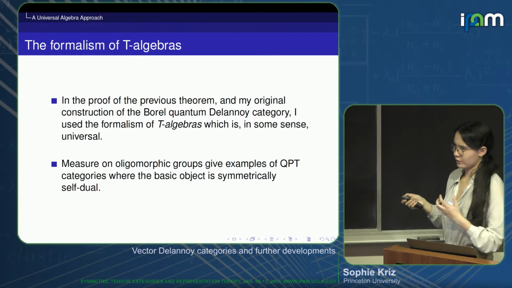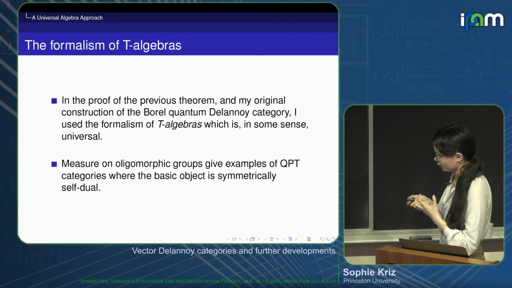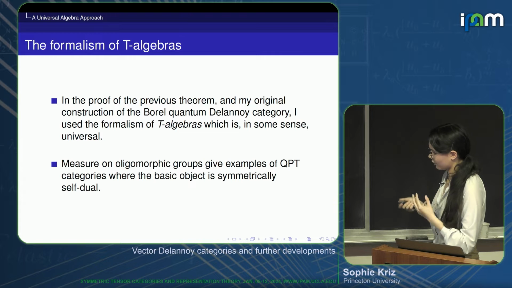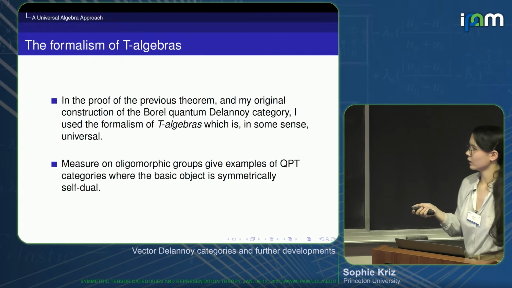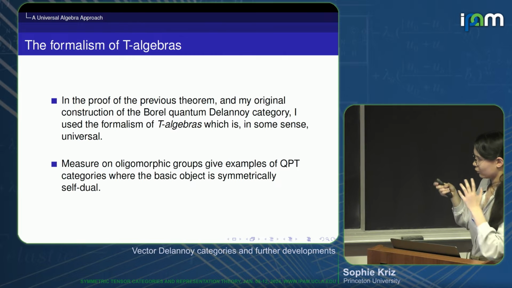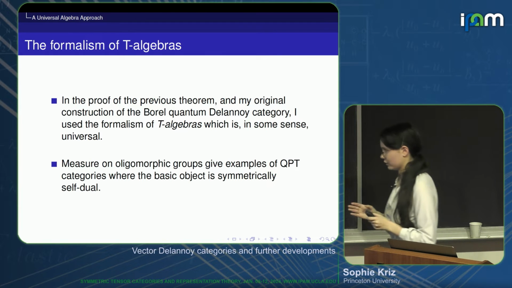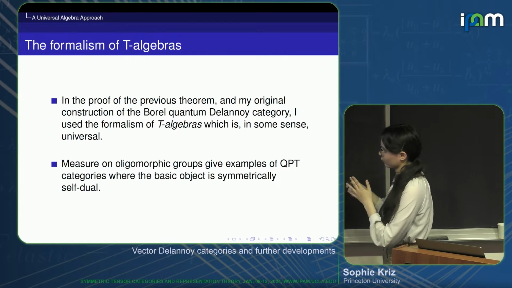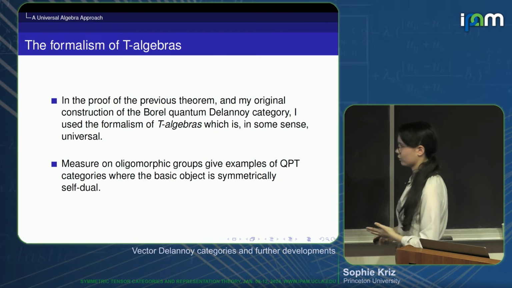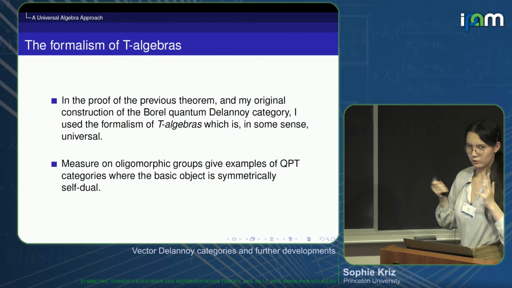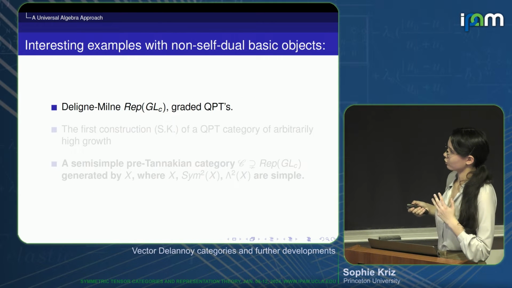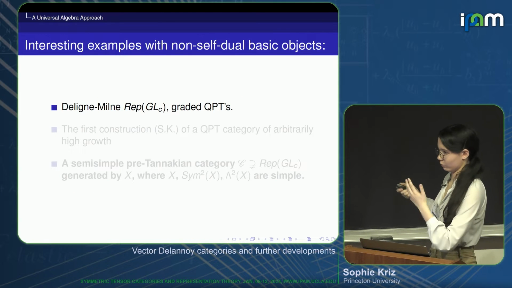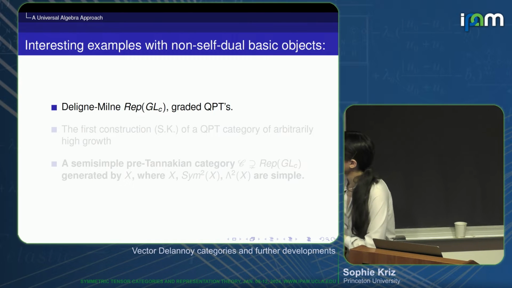And the reason why I was looking at why some T-algebras might be considered slightly more general than oligomorphic groups is that measures on oligomorphic groups can give us examples of these quasi-pre-Tannakian categories where this basic object is symmetrically self-dual. Whereas T-algebras don't have this restriction, and it'll be clear why.